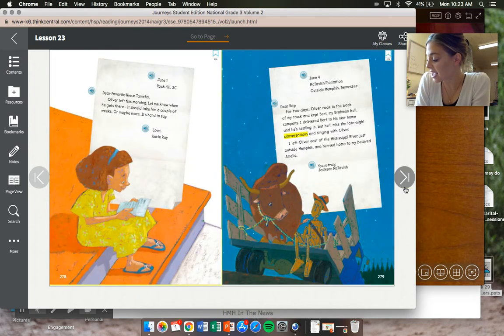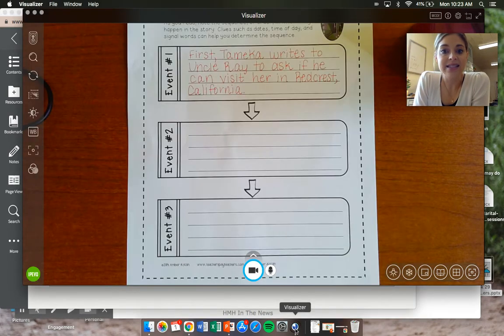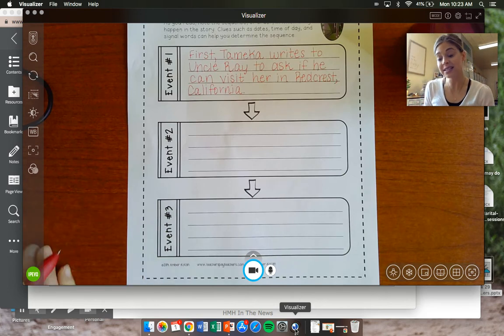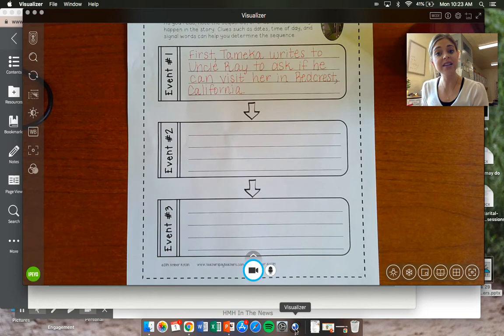So I think the second thing that we should write down for sequencing would be that second, Uncle Ray builds a man named Oliver and sends him to Tamika's house in California. So I can use that transition word second. I could even use words like next or then.